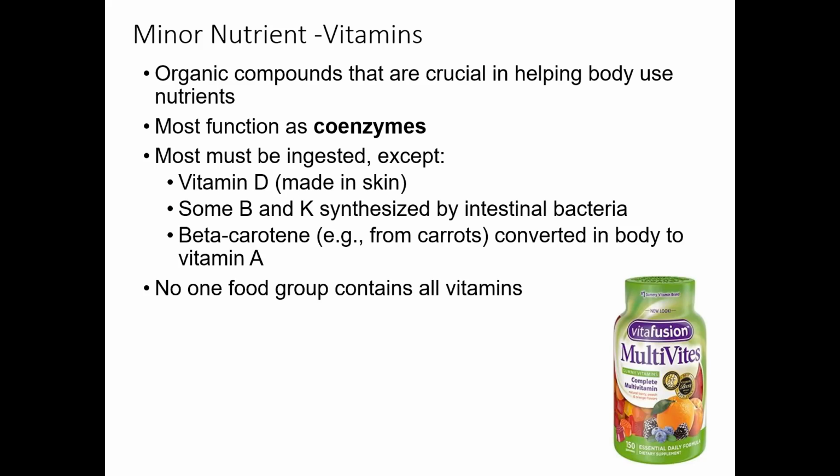But the truth in that statement is that the pigment, beta-carotene, in the carrot or in the orange juice or in the orange, is going to be converted to vitamin A in our bodies.